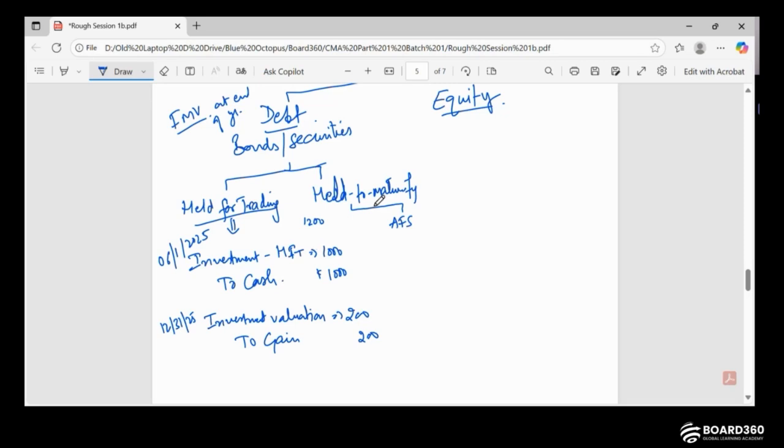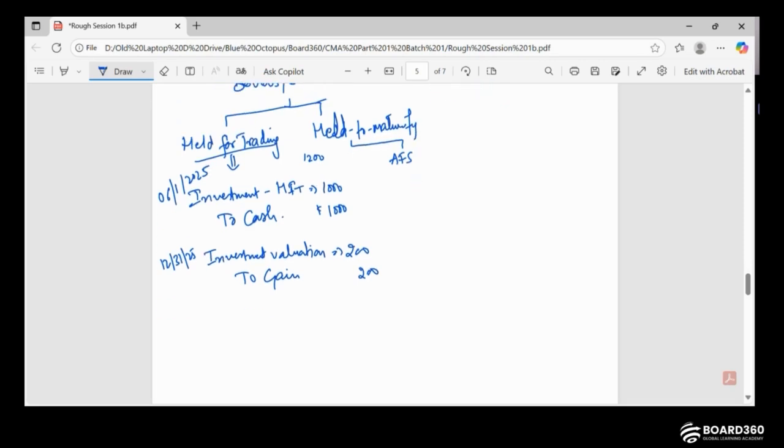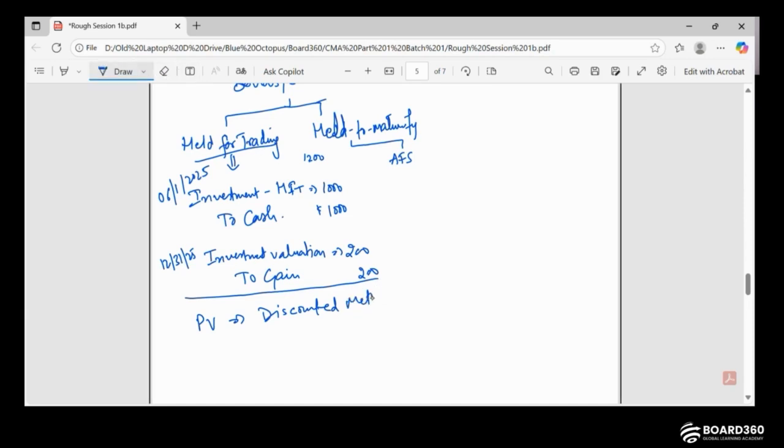Now, if we talk about held to maturity, first you calculate the present value by using the discounted cash flow method. How is it calculated?